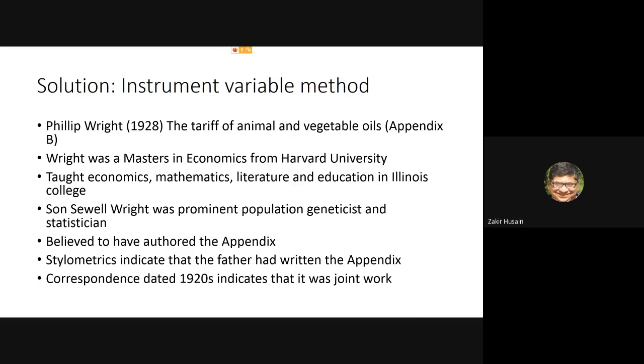Subsequently, correspondence was discovered from the 1920s, round about when the book was being written, which indicates that it was a joint discovery. So Sewell had collaborated with his father, but being a nice, loyal son, he said that okay, you can take the credit for it.